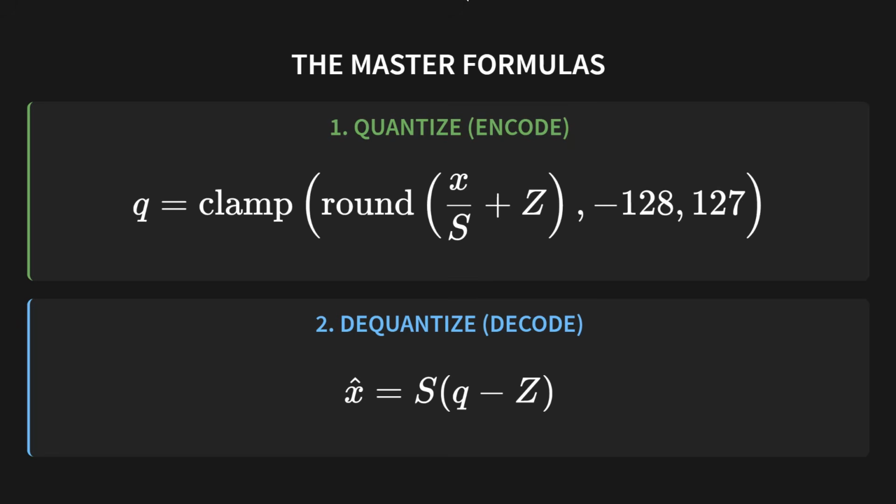That gives us our integer q. Second, to dequantize, or decode the integer back into a float, we do the reverse. We take our integer q, subtract the 0 point z, and multiply by the scale s. That gives us our restored value x hat. It's not the original value, but an approximation of it.